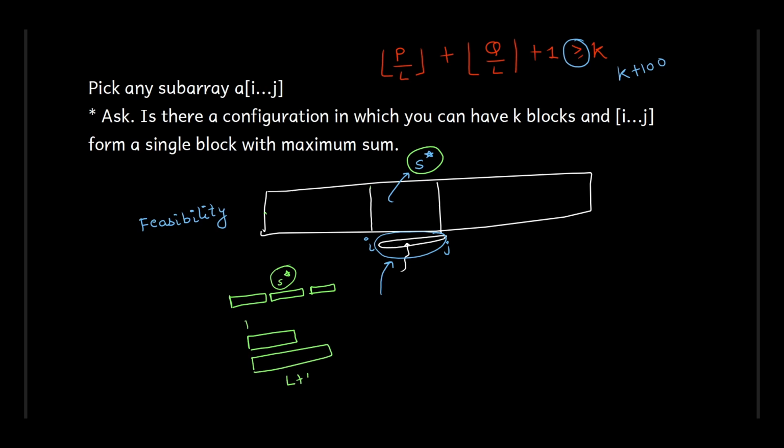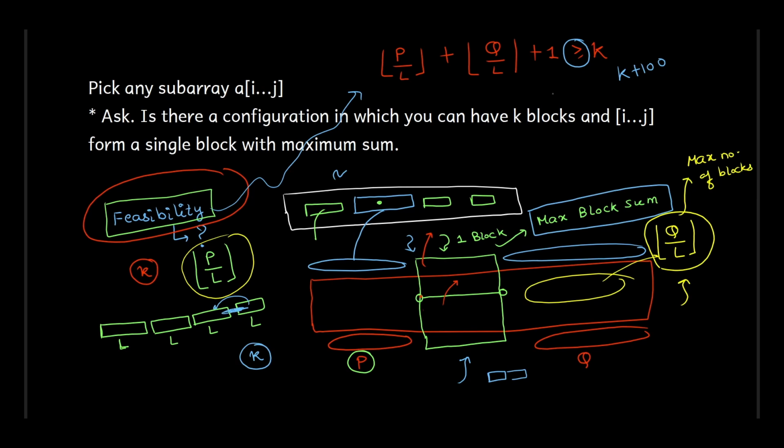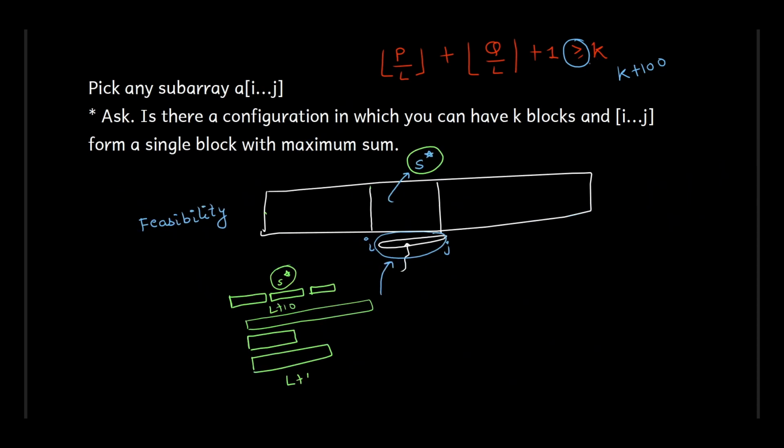And you can end the first block at even length L plus 10 if you wished, right? Because we said that if the total is exceeding K, then you are allowed to freely merge the block. So this means that there are various possibilities in which this element will get its own block, but in some of these possibilities it will be the maximum sum, in some of them it will not be. So that is why this problem is actually very difficult to answer.